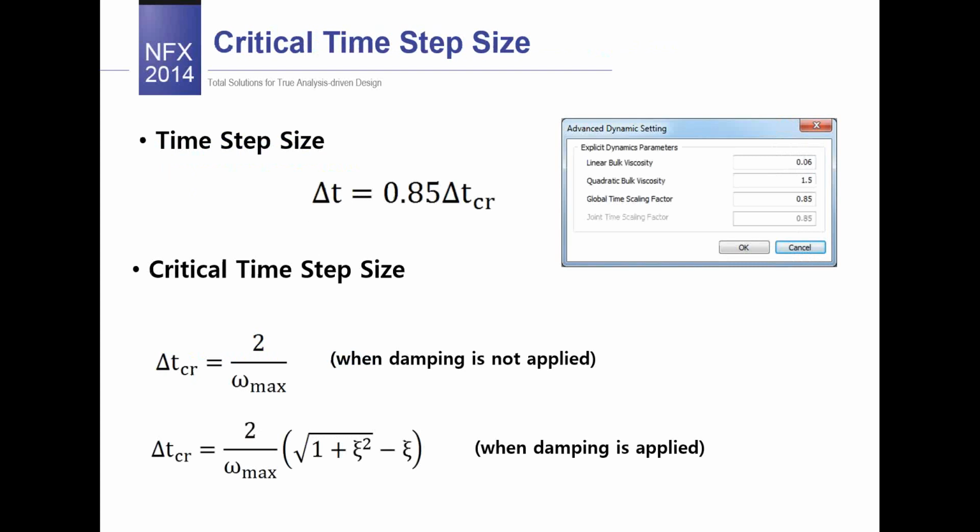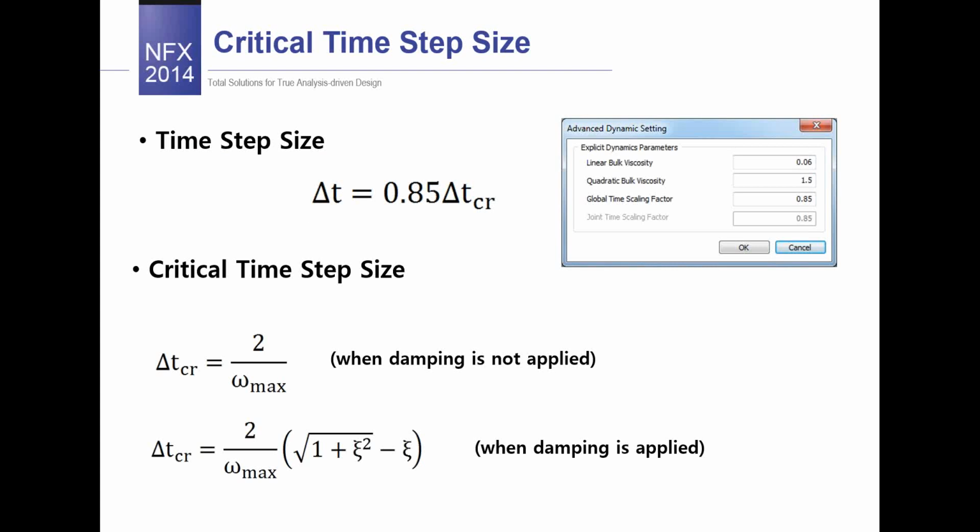So implicit methods, as I said, are usually unconditionally stable regardless of the size of the time step. In explicit method, the time step size must be chosen as a value smaller than the critical time step size. And this is the equation you see, delta t equals 0.85 delta t critical. And this 0.85 is a global scaling factor, and sometimes you can meet the value of 0.9, and some codes are using this number.